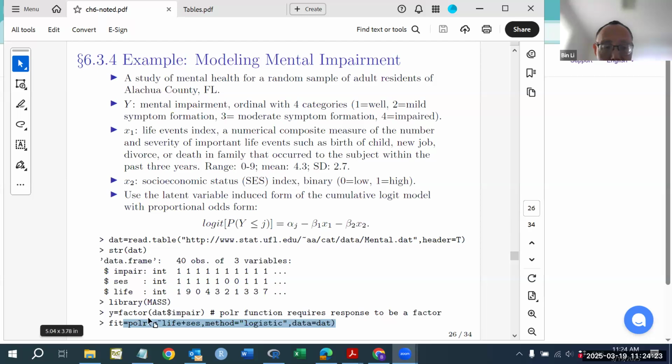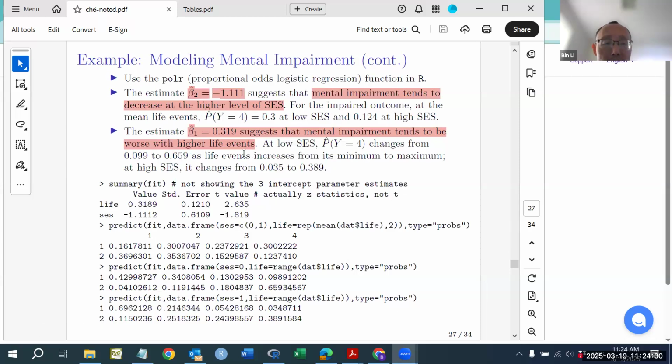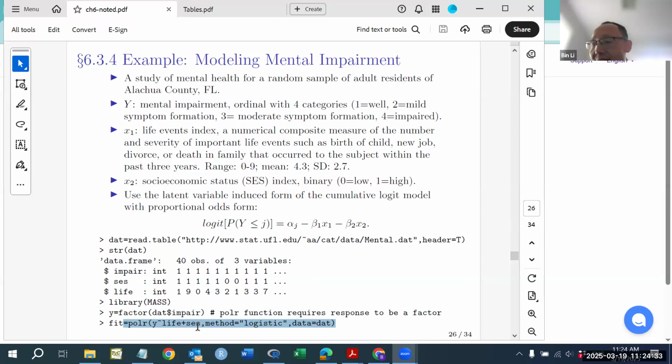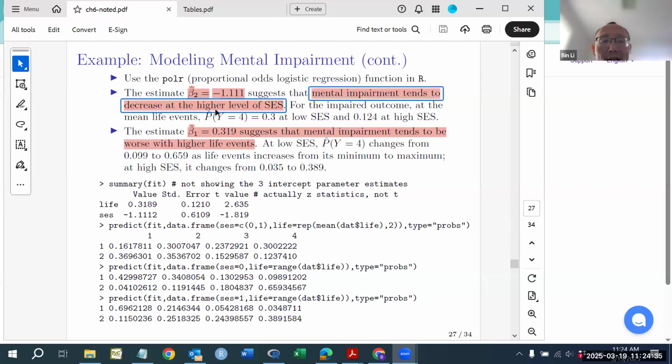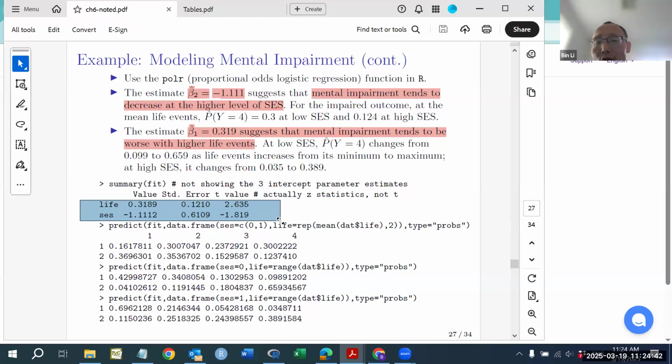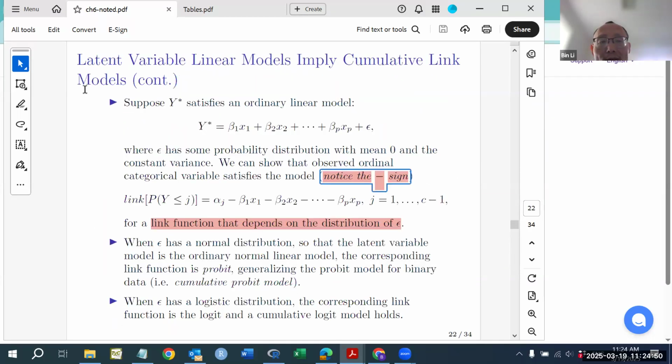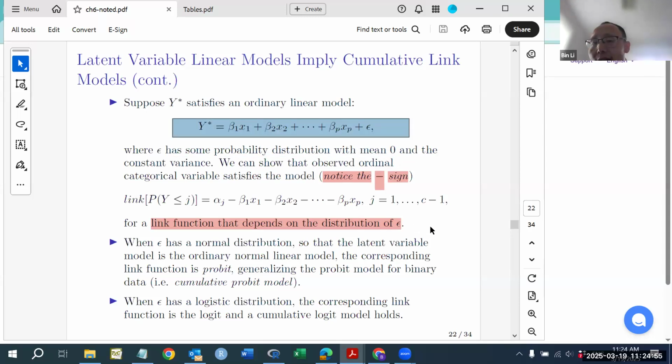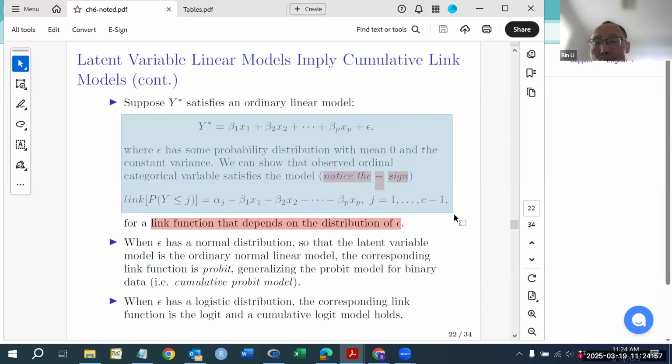Okay, so for polr, the response has to be a factor. So that's why I put a factor here. We have life and SES as the predictors. And you can see this is the model, showing the coefficients. You can see it does not have an intercept. Why? Because this model, for the latent variable, does not have an intercept. As I said, there are differences between these two models.